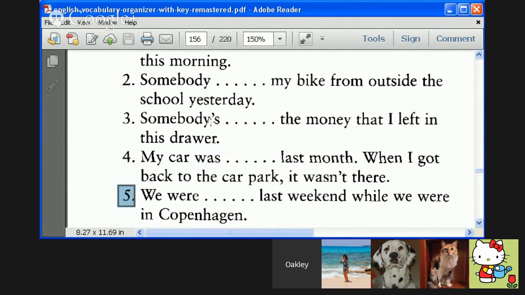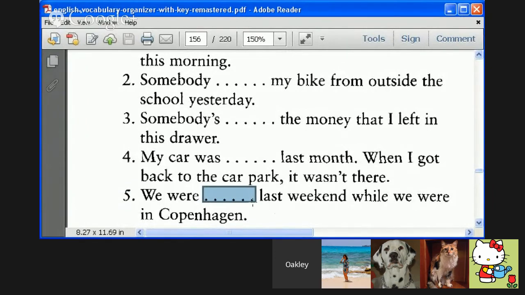Heidi, number five. I'm not sure. We were robbed last weekend, or we were robbing last weekend. Very funny. Actually, both.